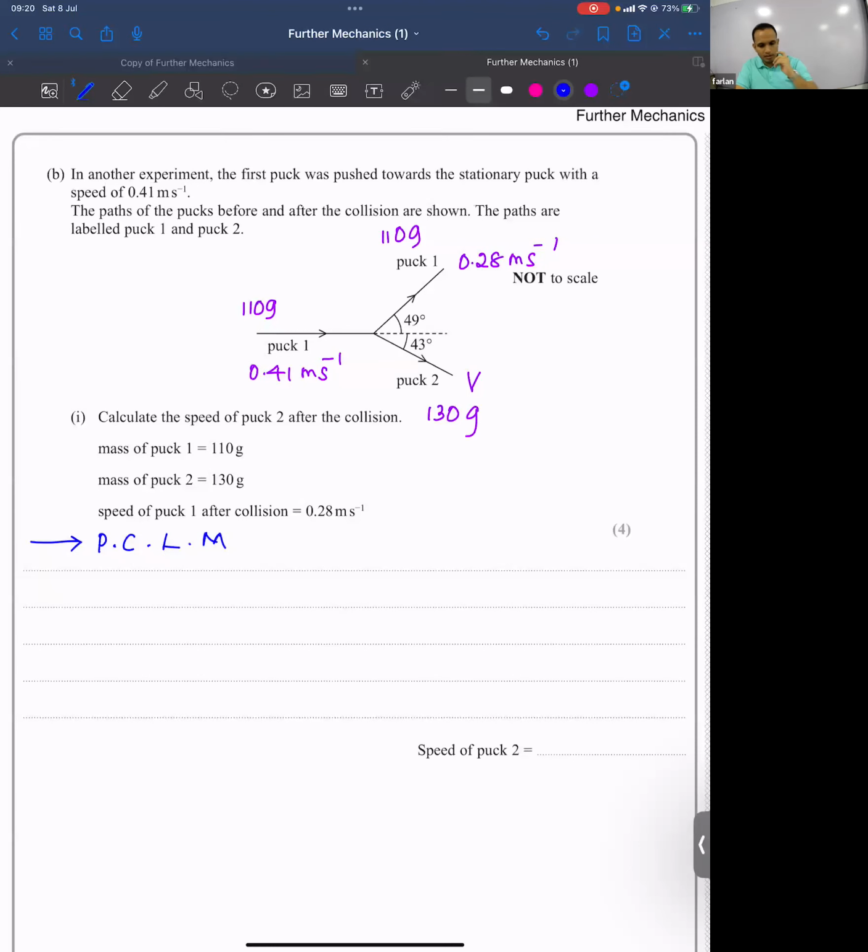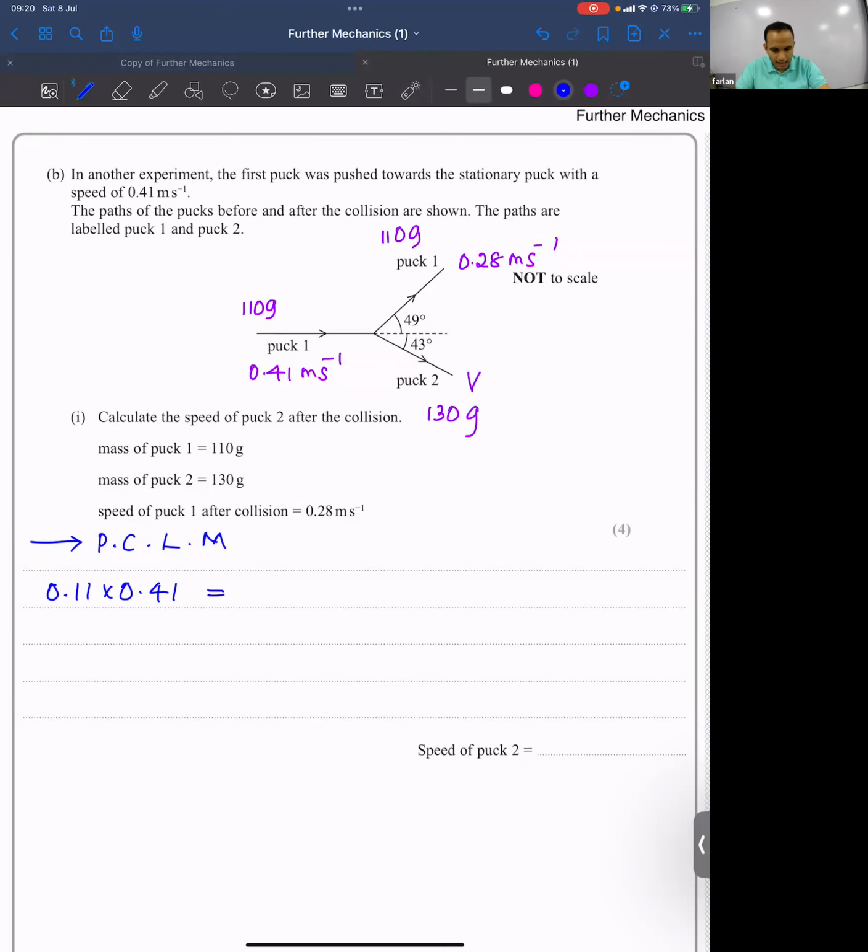By applying the principle of conservation of linear momentum to the right, the total momentum before the collision is 0.11 kilograms into the velocity 0.41. This is the total momentum to the right before the collision.